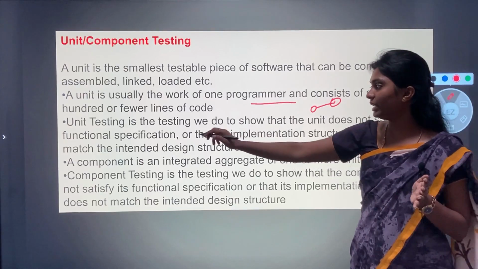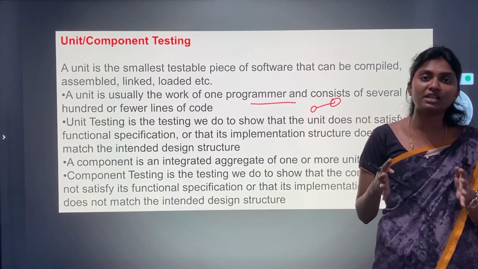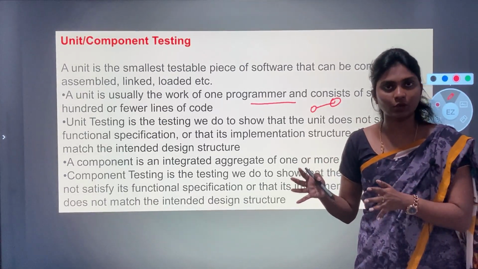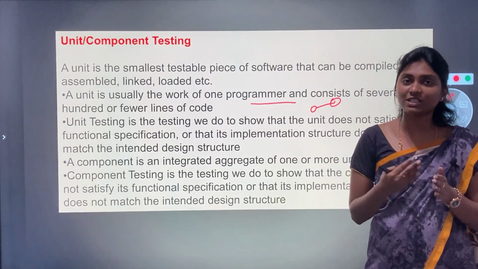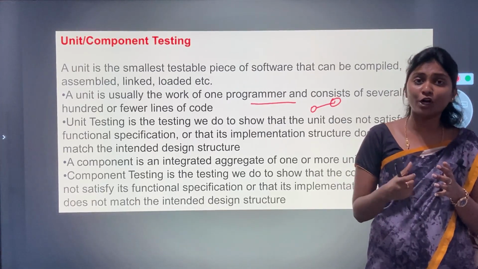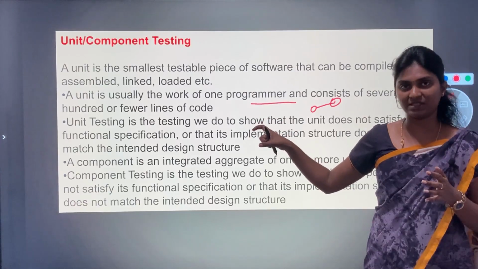Next one, in unit testing we only specify the functional specifications of the data present in the particular project. So what is functional testing? Functional testing means what operations, what modules, or what techniques are using the functional specification.